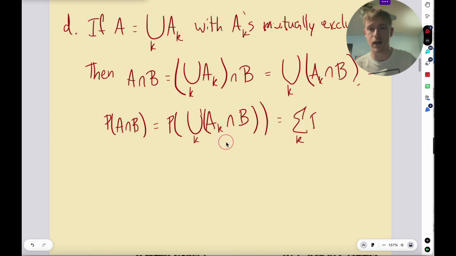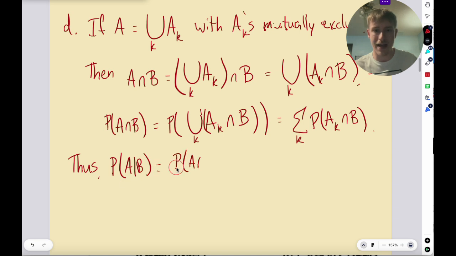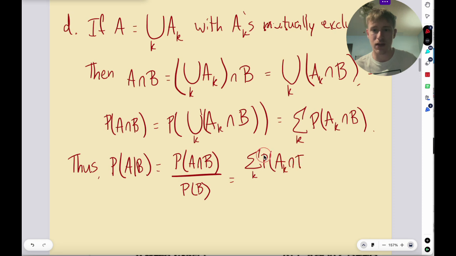So that's the sum of the probability of A sub k intersect B. Thus the probability of A given B occurring, which is just the probability of A and B divided by the probability of B, would be the sum of A_k intersect with B divided by the probability of B.